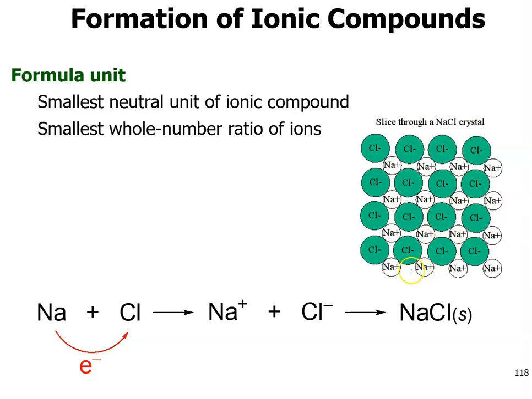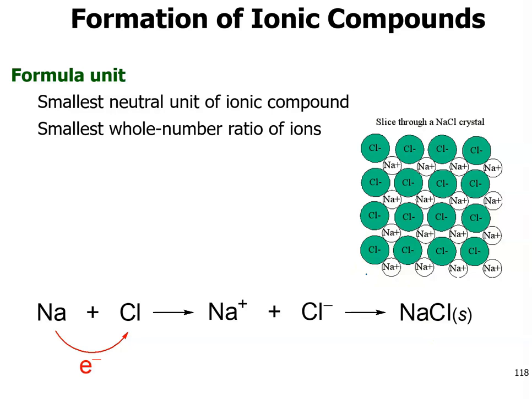When we do this for accounting purposes, for the formula unit, we use the smallest whole number ratio. So for sodium chloride, it's a 1-to-1 ratio, right? And that means that we're canceling out the positive and negative charge to make it zero.